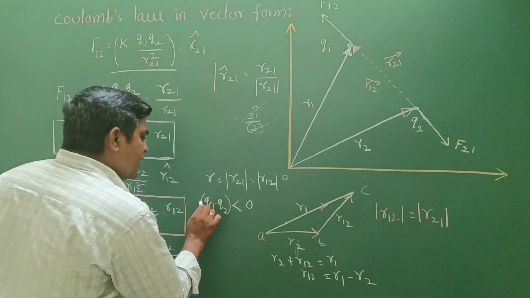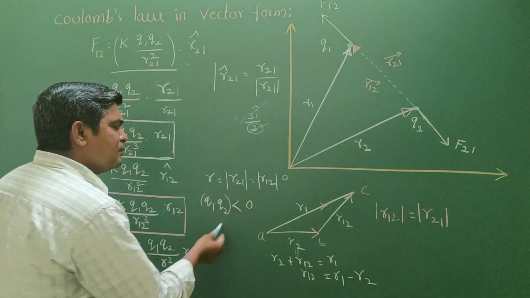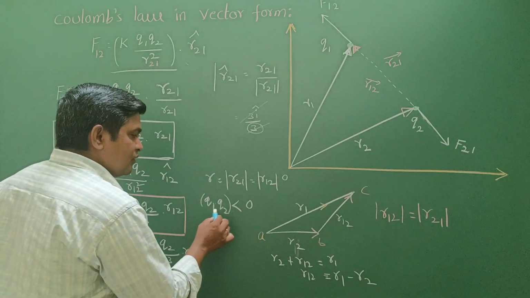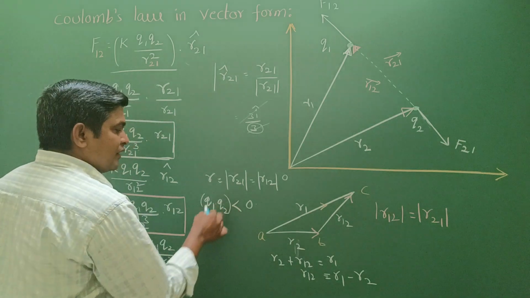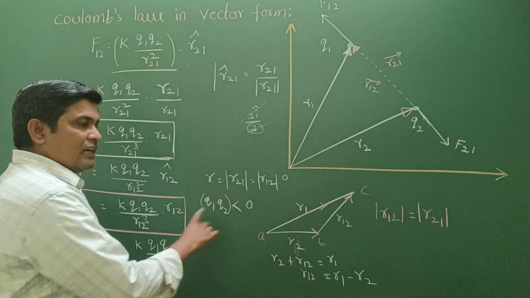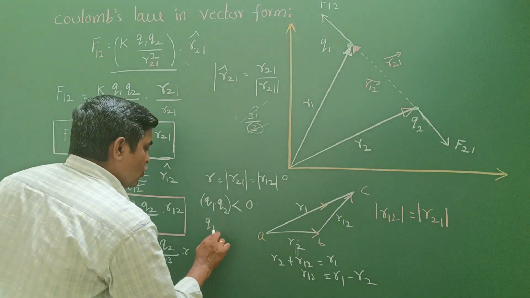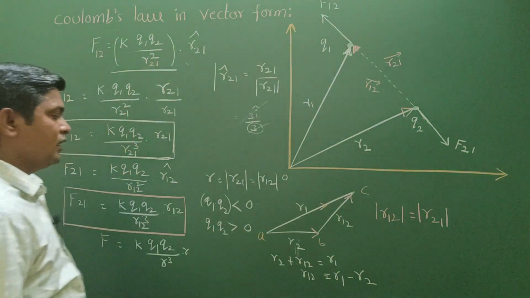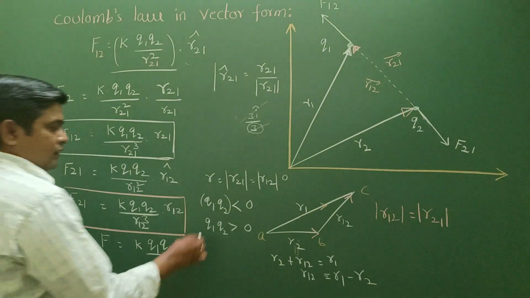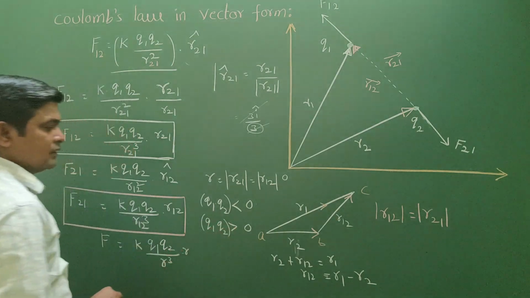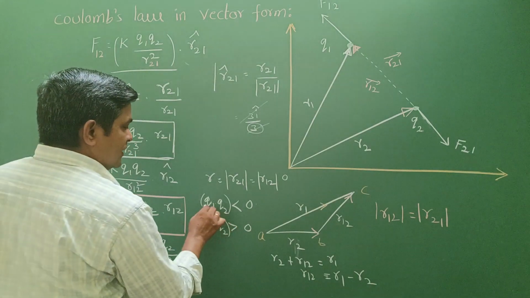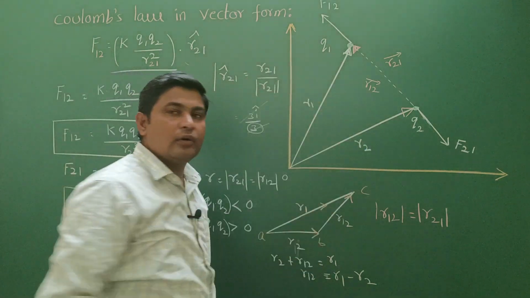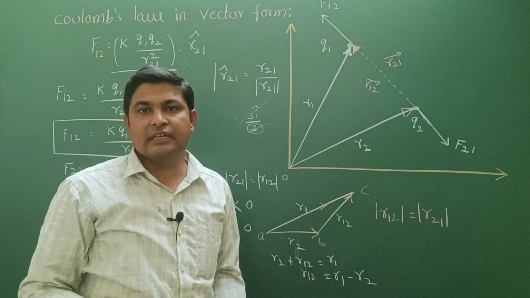Means any one of these two charges can be negative. So plus into minus, the total charge value is less than 0, right? That's why they are opposite. If Q1 Q2 is greater than 0, what can you say? It is positive, right? So greater than 0 means positive, less than 0 means negative. So whenever you are talking about like charges and unlike charges, we can understand what it represents.